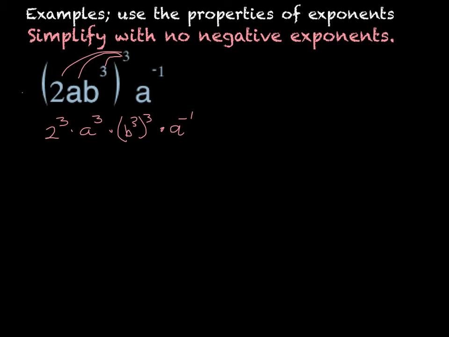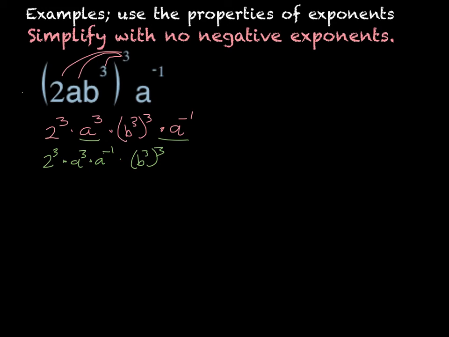Okay, so now I can do one of two things. I can put my a's together. I'm going to rearrange and put my a's together. So we have 2 cubed times a cubed times a to the negative 1 times b cubed cubed.